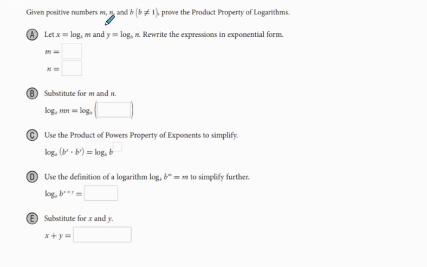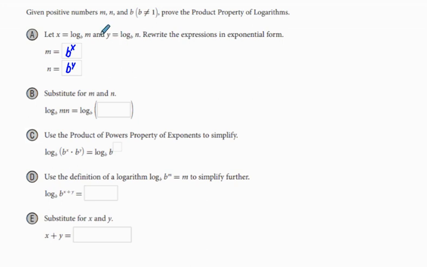Given positive numbers m, n, and b not equal to 1, prove the product property of logarithms. Let x equal log base b of m and y equal log base b of n. Rewrite the expressions in exponential form. Well, m is going to be equal to b to the x power, and n is equal to b to the y power.